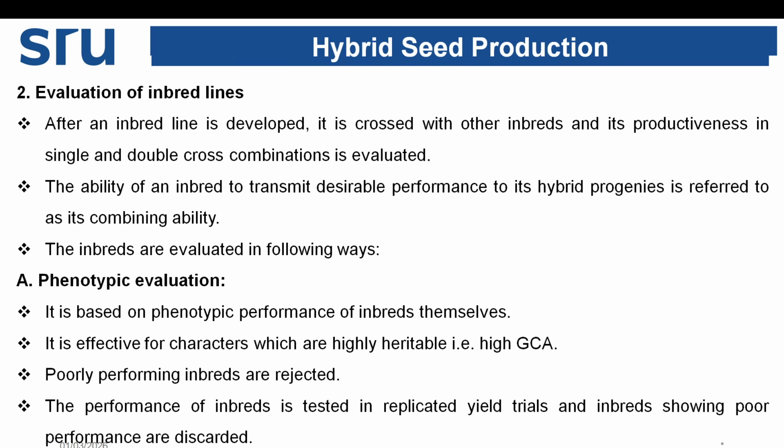First, phenotypic evaluation, based on the phenotypic performance of inbreds. This is effective for characters which are highly heritable, that means high general combining ability. The poorly performing inbreds you need to reject. The performance of inbreds is tested in replicated yield trials and inbreds showing poor performance you need to discard.